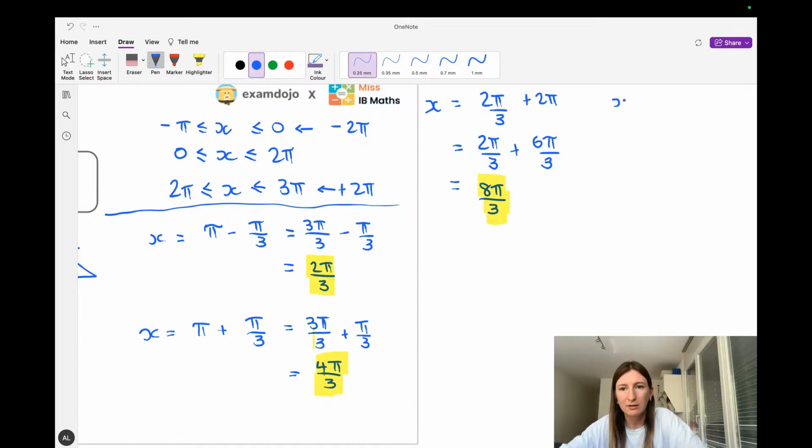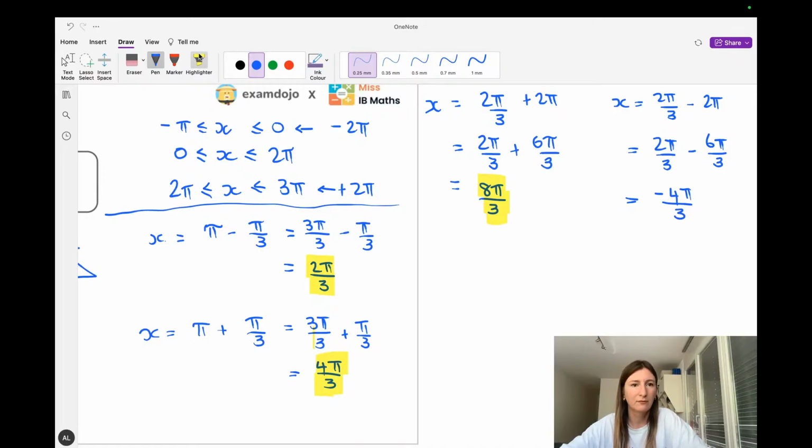And then the other one, let's do x equals 2 pi over 3 minus 2 pi. This is a little bit laborious, but we're getting there. Okay, so then we have minus 4 pi over 3. There's another one.